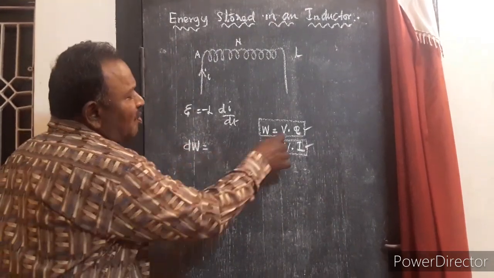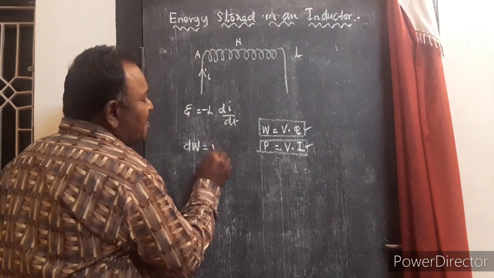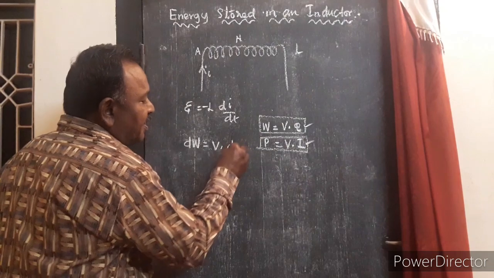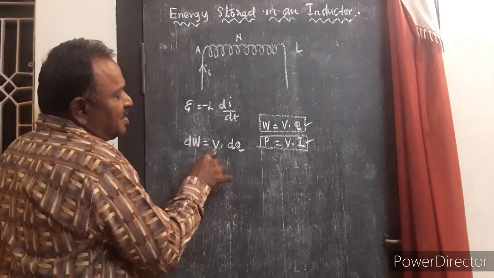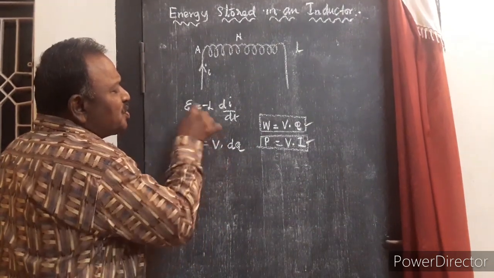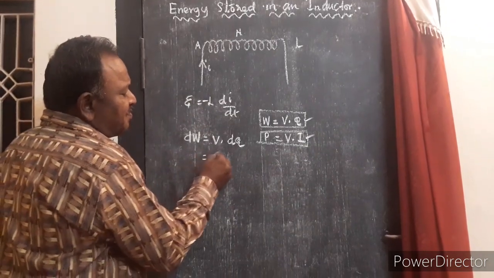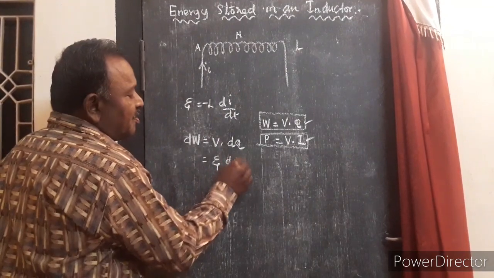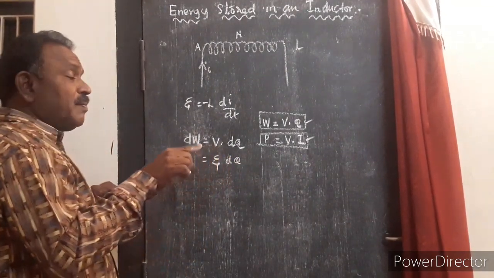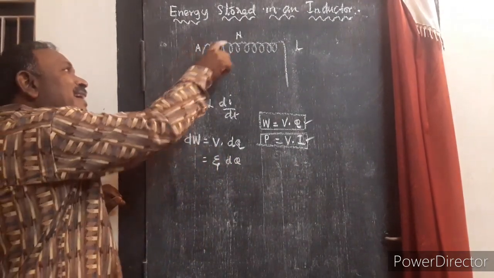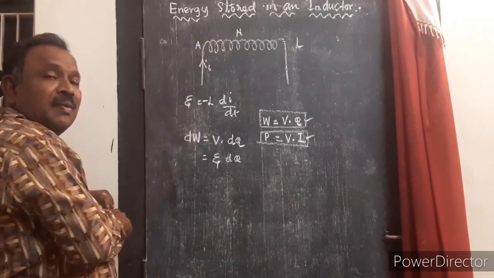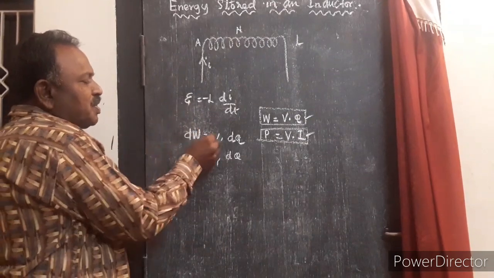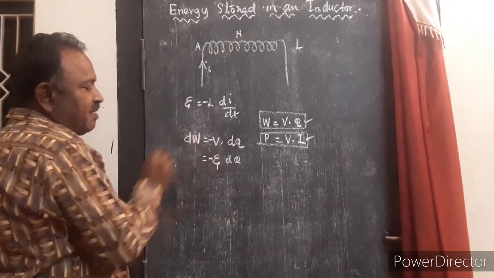So the small amount of work done is equal to V into dq. What is this V? V is nothing but the opposing EMF. Since we are doing this work against the induced EMF, and the work done and EMF are opposite, we have to include a negative sign.